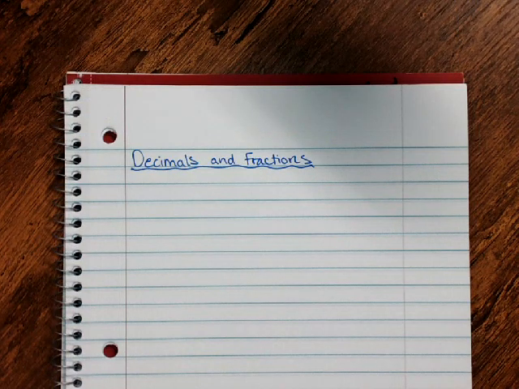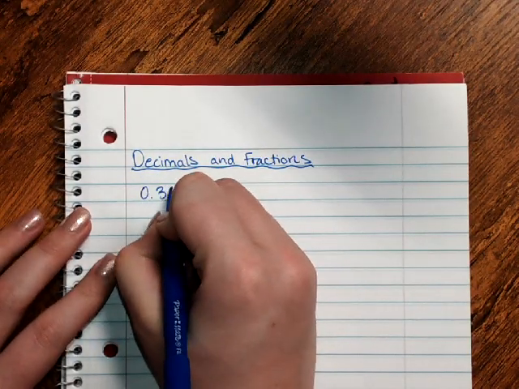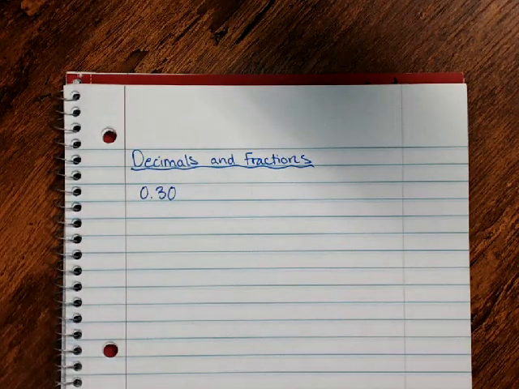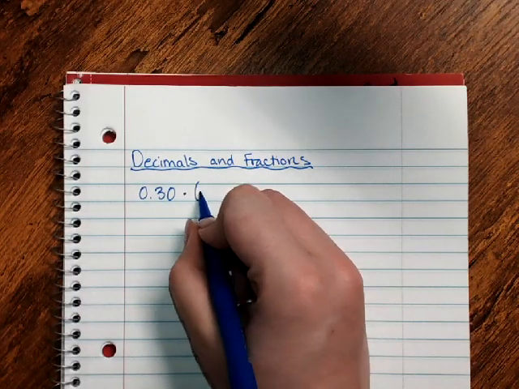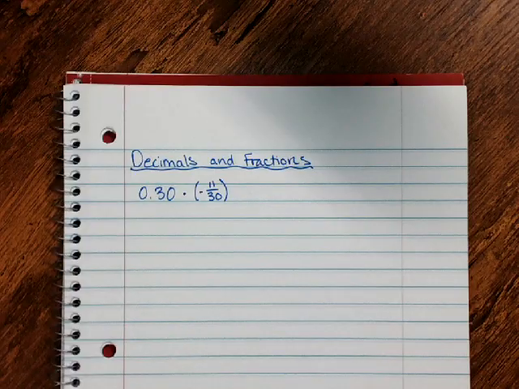The last thing I want to talk about is when there is a decimal and a fraction in the same expression. This is where it gets a little bit tricky because we have to convert one of the two. So we're either going to make both numbers a decimal or both numbers a fraction. So if I have 30/100 times negative 11/30, then I can't multiply them like this.